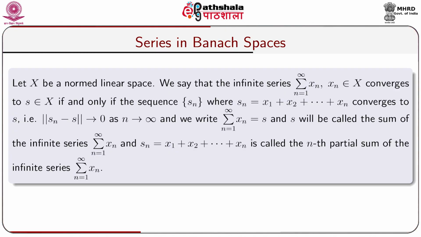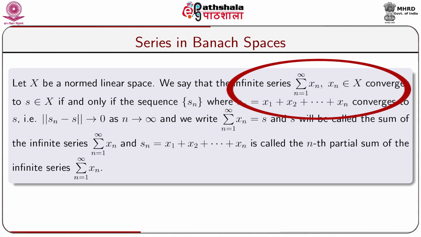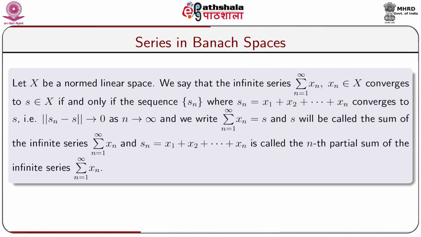Let us take X be a nonlinear space, and let us take a sequence of elements xn, and we take an infinite series sigma n equal to 1 to infinity xn, where xn belonging to capital X. Now, we shall take a partial sum denoted by Sn, which is equal to x1 plus x2 plus dot dot dot plus xn.